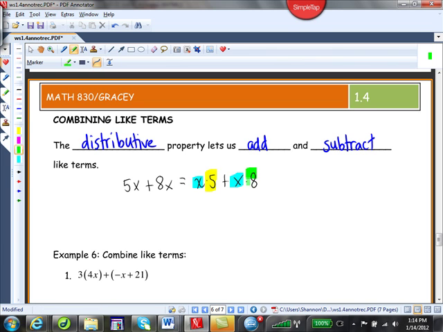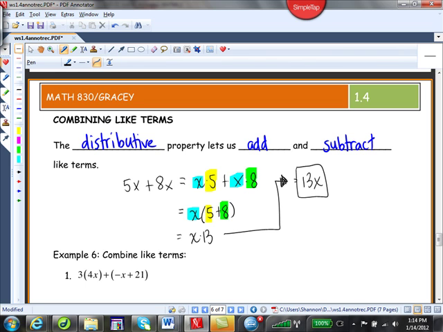So if you use the distributive property backwards, you end up with x times 5 plus 8, which is x times 13. Again, this comes from using the distributive law backwards from what you were shown. And then we traditionally will write this as 13x.